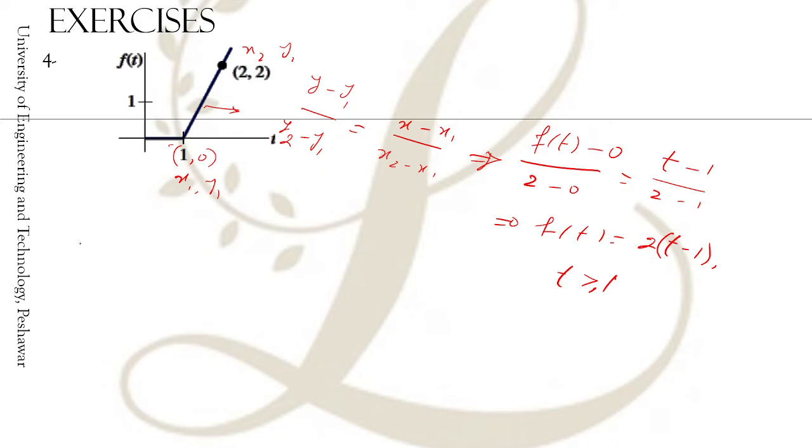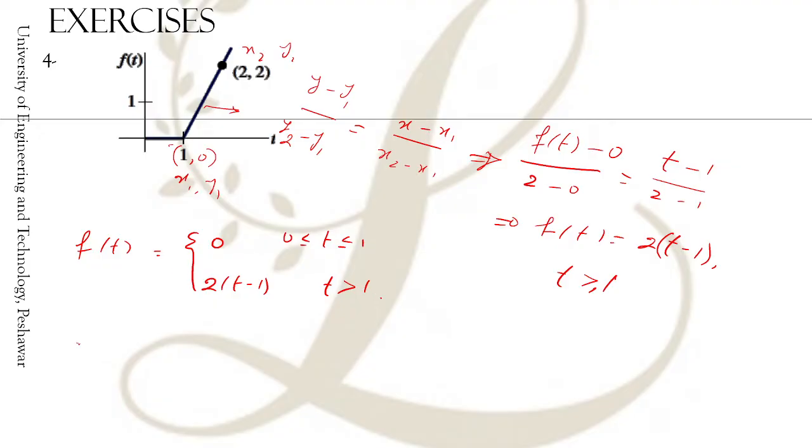Right, so altogether we define the function f of t as 0 if t is between 0 and 1, and 2 times (t minus 1) if t is greater than 1.